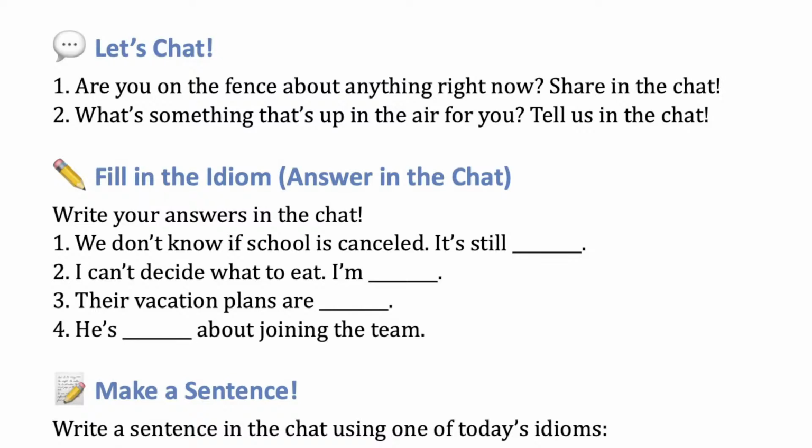Yeah, so number 1 is up in the air because it's a plan, right? It's not a personal choice. We don't know if school is canceled. It's still up in the air, right? It's a plan. It's not a personal choice.